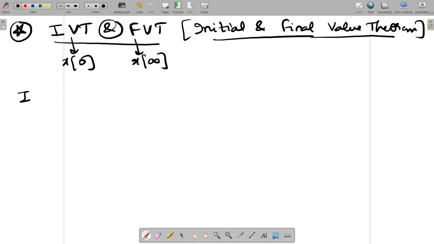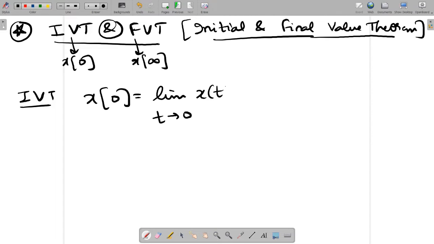The initial value theorem formula is x of 0, that is limit t tends to 0 of x of t, equals limit s tends to infinity of s into x of s.